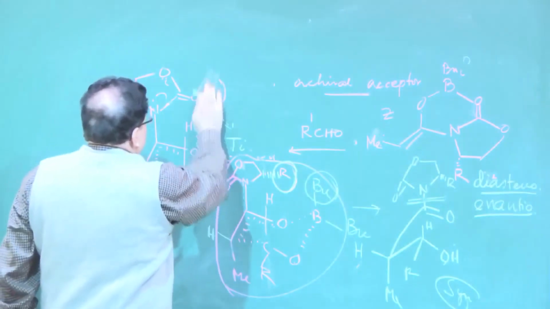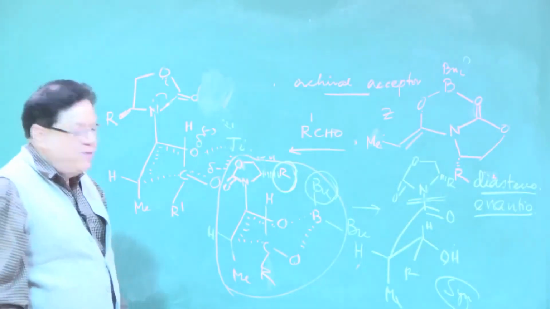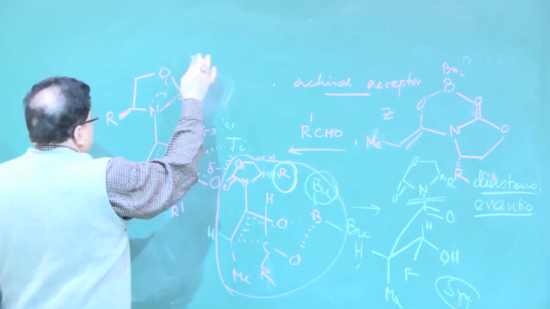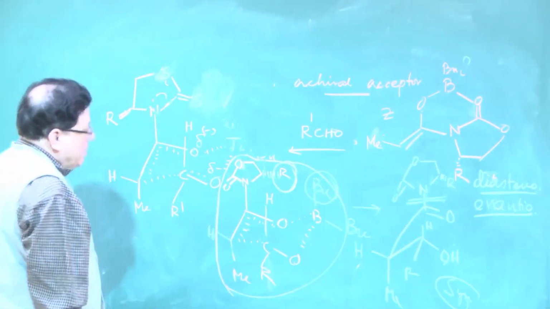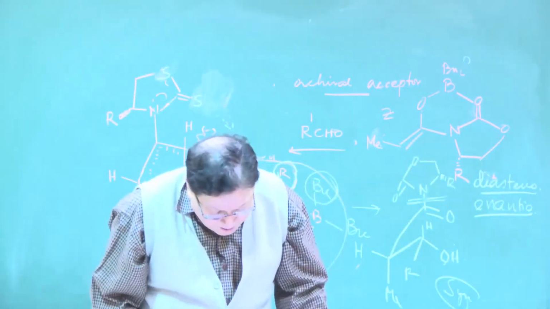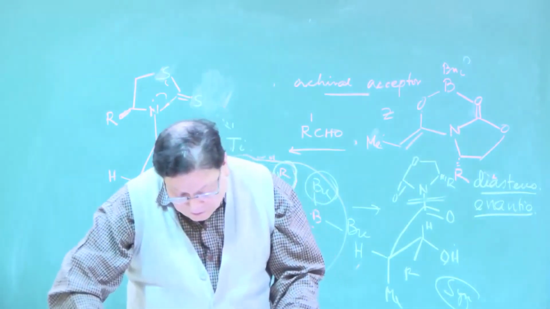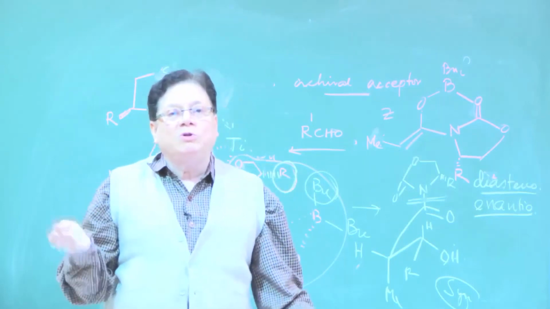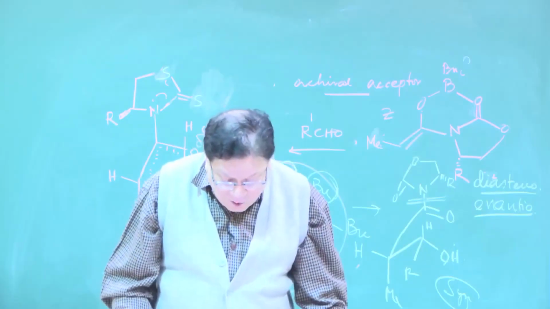First of all, what was found is that oxazolidinone was not very effective, but what was very effective was if you make the thio derivative of this. Then the titanium now, that means the oxazolidinone is basically adopting a conformation which was earlier ruled out in the case of the boron triflate. That is what is interesting.